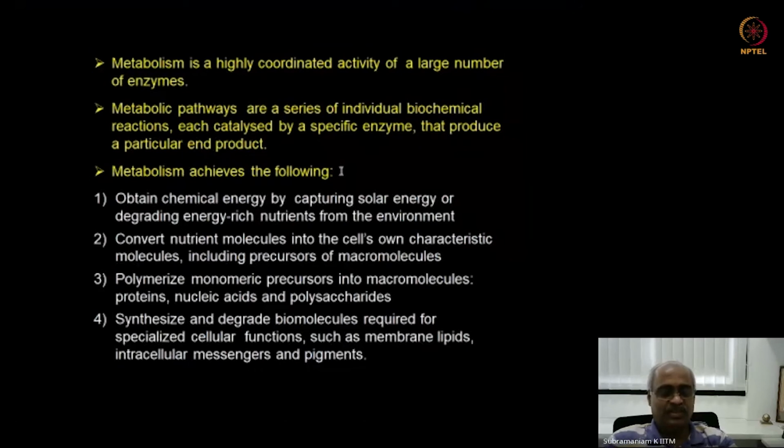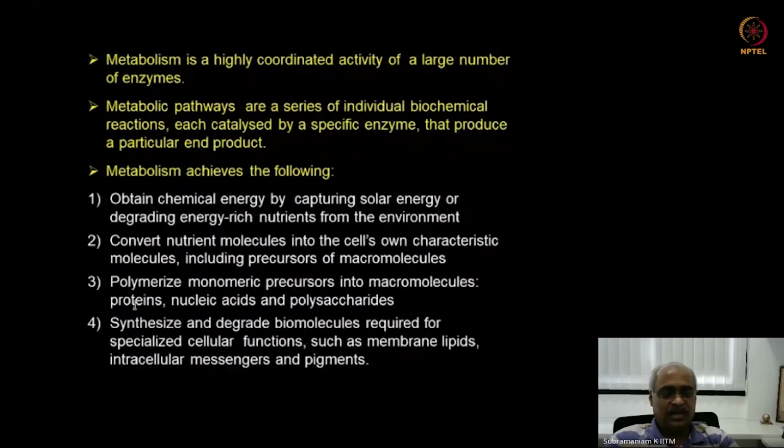So there is an end goal, and to get the end goal there are multiple interconnected individual biochemical reactions, and those interconnected series of reactions is the metabolic pathway. And since they have multiple individual steps, you have multiple specific enzymes.